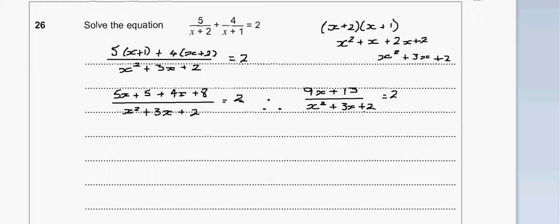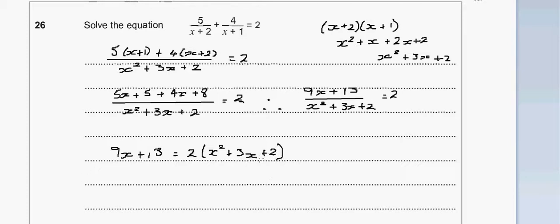Now this is being divided by this, and I want everything in a line now. So this will come up and be multiplied. So we'll have 9x plus 13 equals 2 multiplied by x squared plus 3x plus 2.